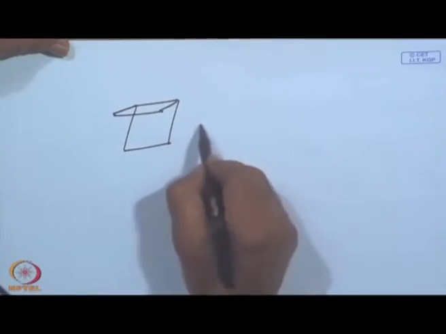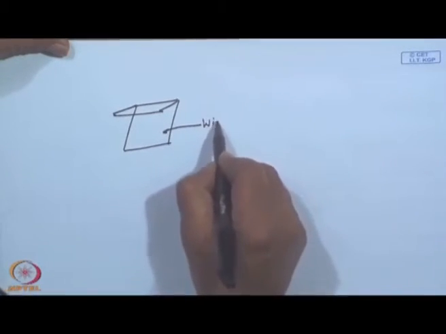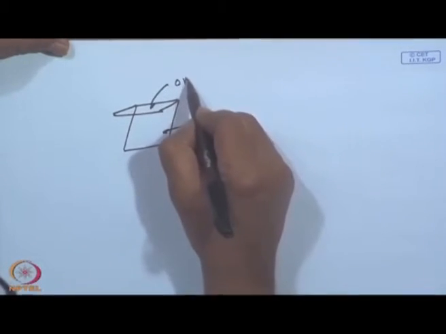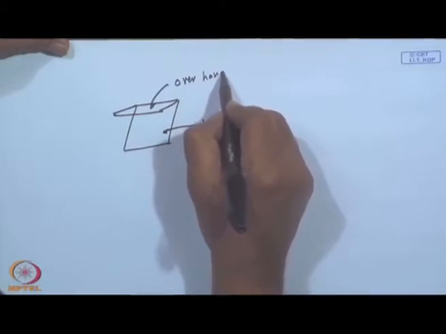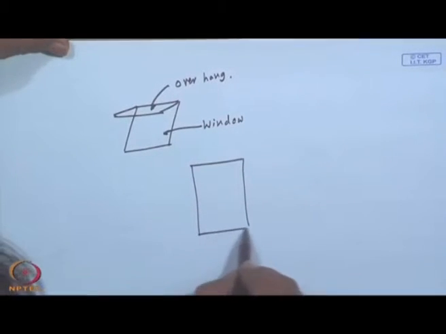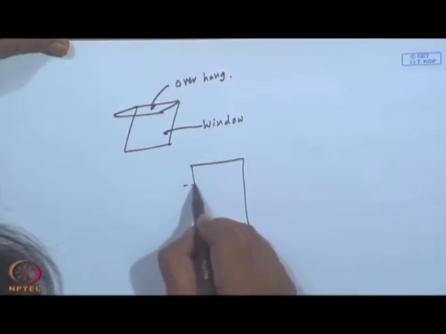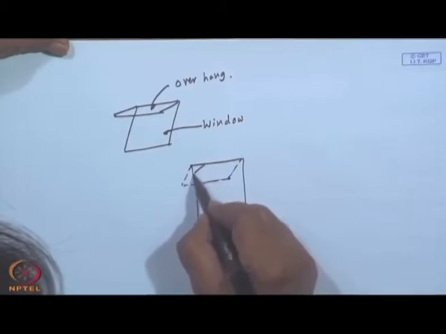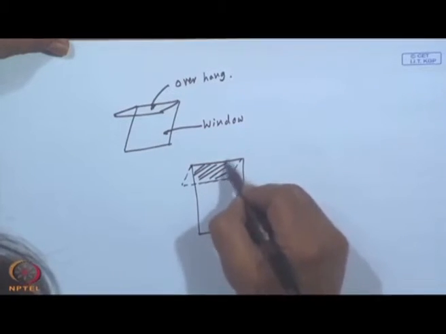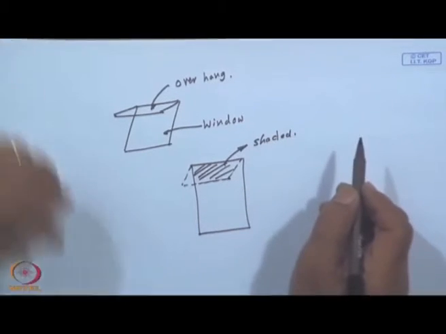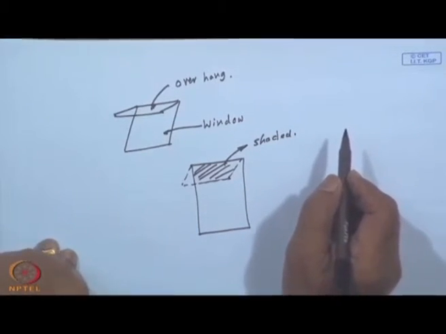This is the window, this is the overhang. So, if I look at it directly, it will shade a part of the window, depending upon the time of the day, right.